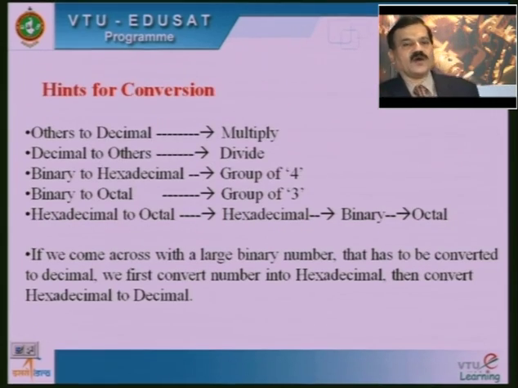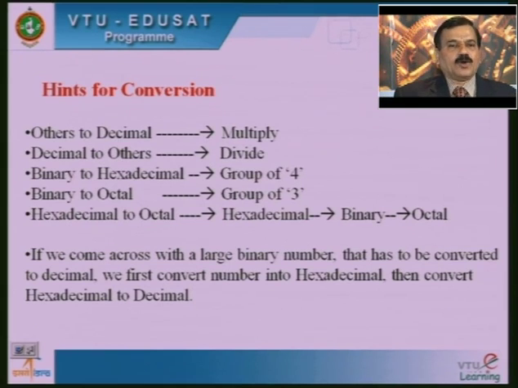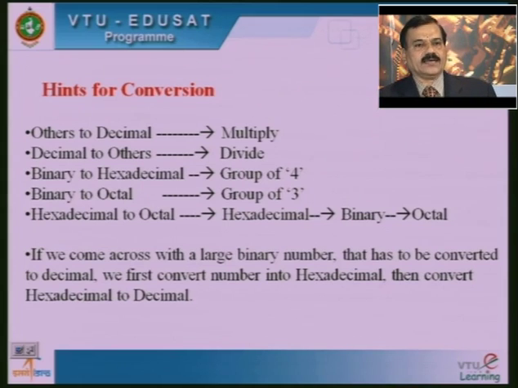Next, hints for conversion are very important. From other bases to decimal, if we want to convert, then the values must be multiplied. For example, to convert a binary number into a decimal number, the binary digits must be multiplied by powers of 2.